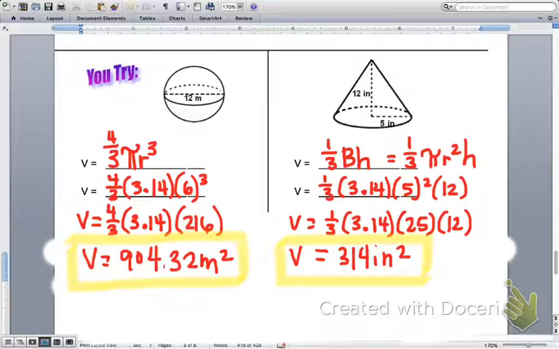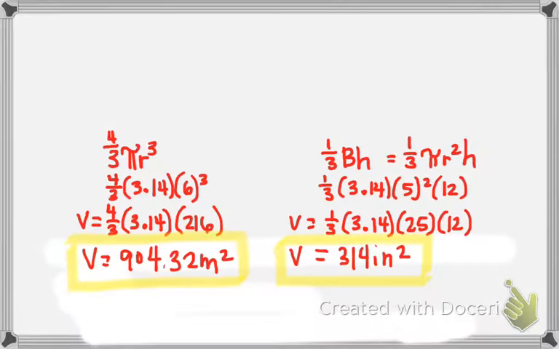Now it's time for us to add these formulas to our formula chart. Let's start off with our basic volume formula, which is our capital BH.